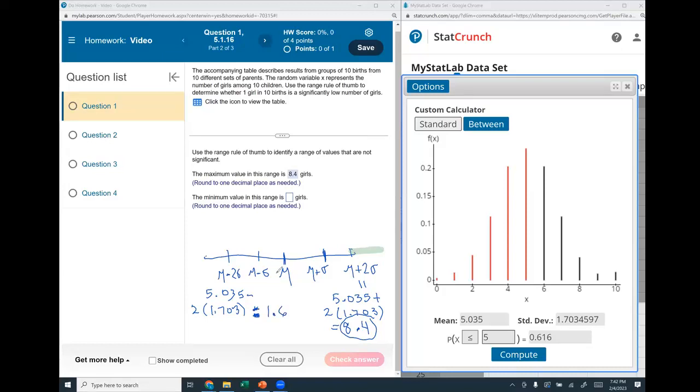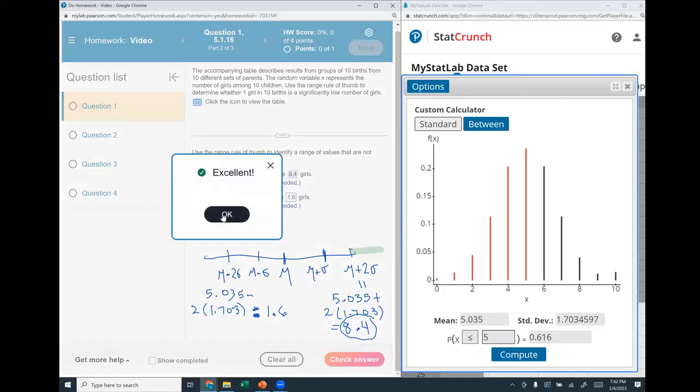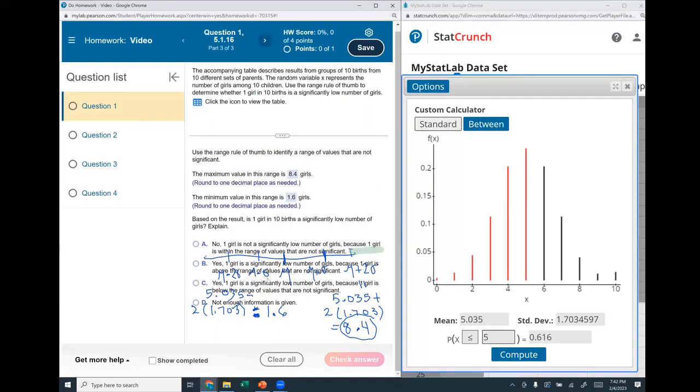Okay. So let's type in our 1.6. Check it. Perfect. Okay. So that handles that. Now I'm going to erase the screen. And let's see if we can answer the questions.